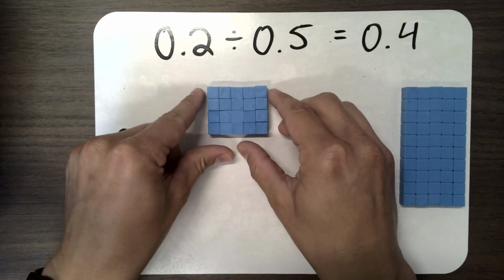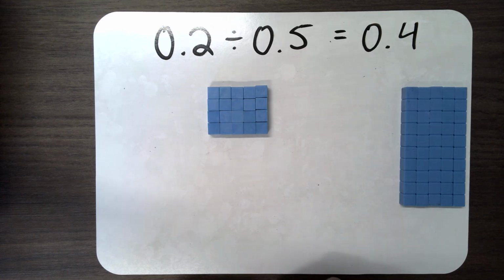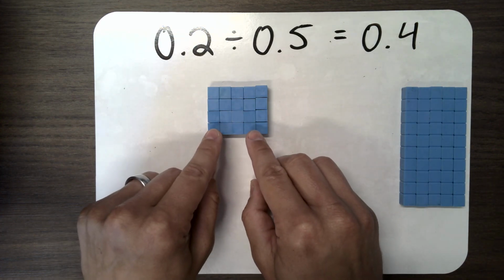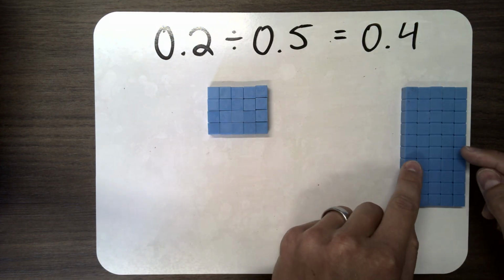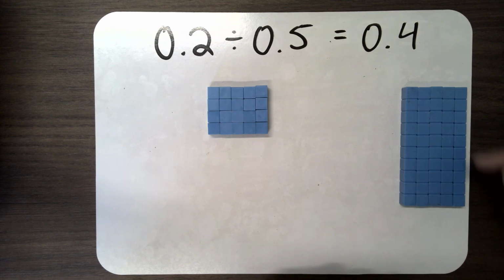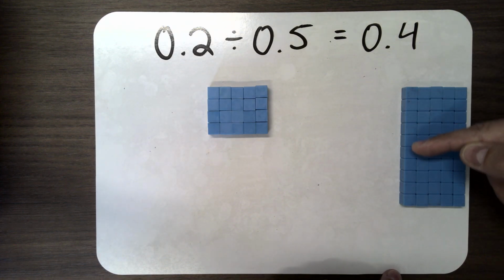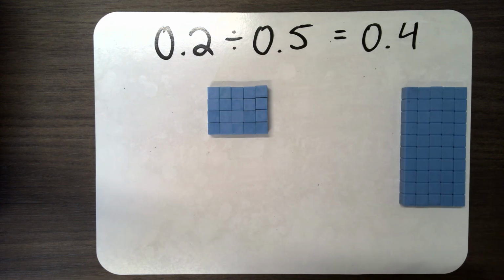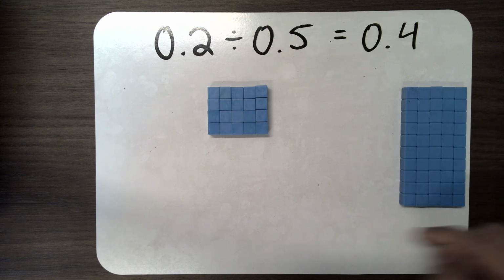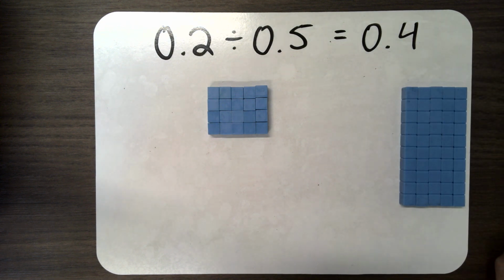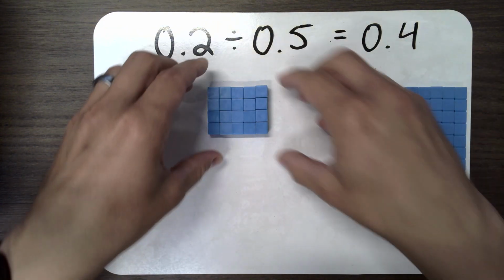So this little area model here, this little portion, this is 4/10 of a group that has a size of 5/10. Okay, because this is a group of 5/10, and we have the first 4 out of the total 10. That's what we have in this model. So this is representing 4/10 of a group with a size of 5/10. So that's why we have that 4/10 in the tenths place value. Okay, so that's our concrete model.